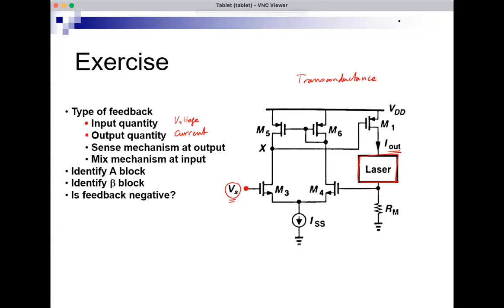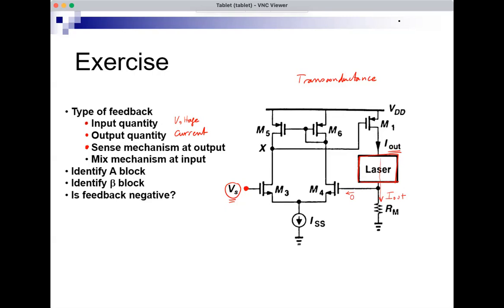What is the sense mechanism at the output? Let's look at the output current. I out is flowing in this load device and then in RM. This is a MOSFET, and therefore there's no current flowing here. So I out continues and flows in RM.